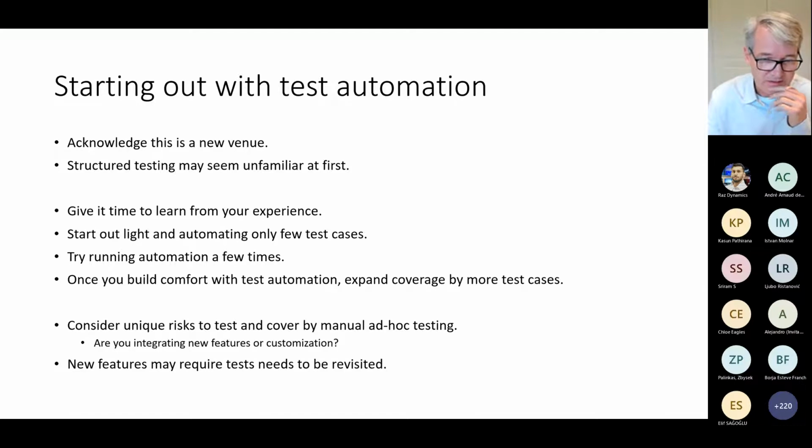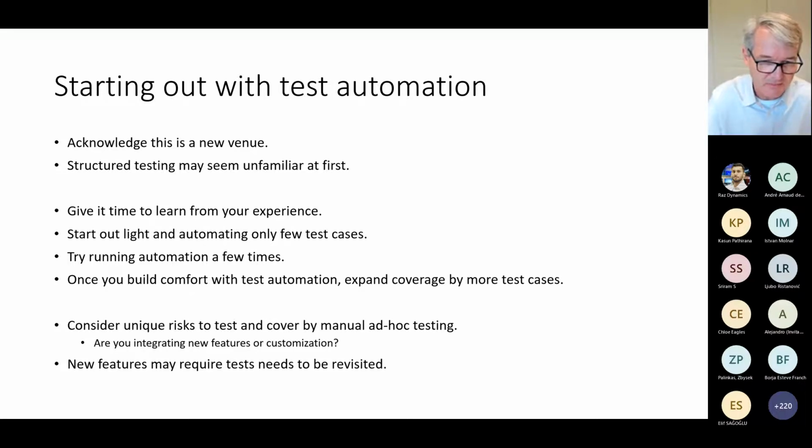Something to consider is that it may not be everything you would be looking at automating. Like if there's some unique thing you need to test for, but it might not be a P1 or even a P2 type scenario, but still is something new that is getting added to the system, like a new feature or customization you're applying, then that may ask for you to do some testing here.